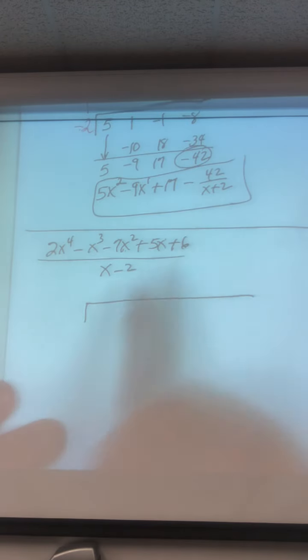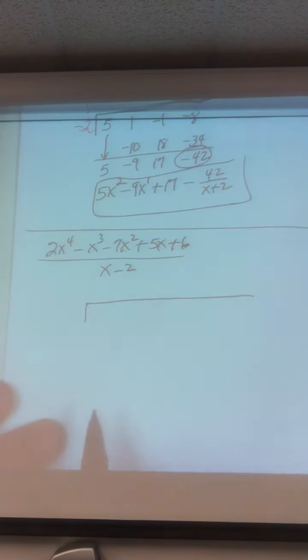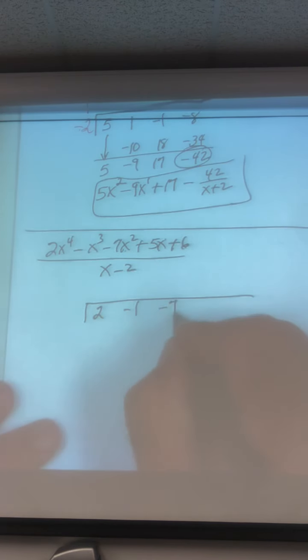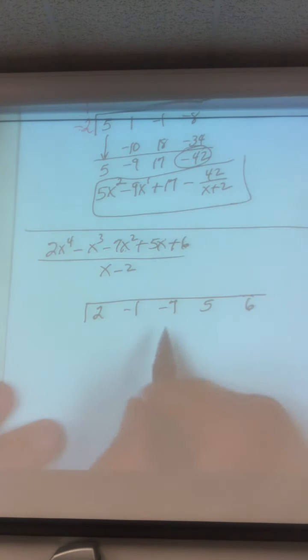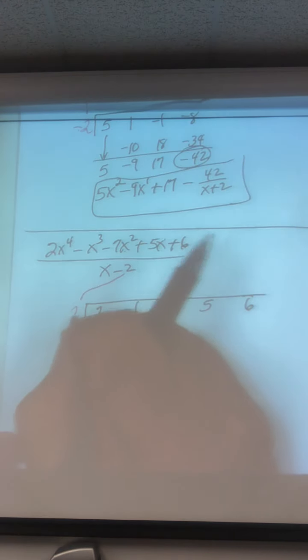So the top's in descending order. It has to be in descending order. So if these are not in descending order, you've got to put it in descending order. So this is going to be 2, negative 1, don't lose the negative, negative 7, 5, and 6. Now the number that goes out front is a plus 2.